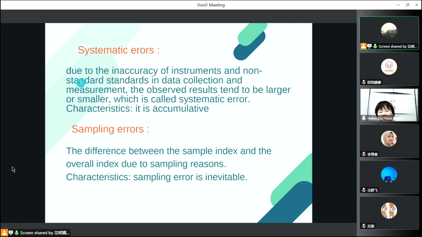Systematic errors are due to the inaccuracy of instruments and non-standard standards in data collection and measurement. The observed results tend to be larger or smaller, we just call it systematic error. And the systematic error's characteristic is that it is accumulative.